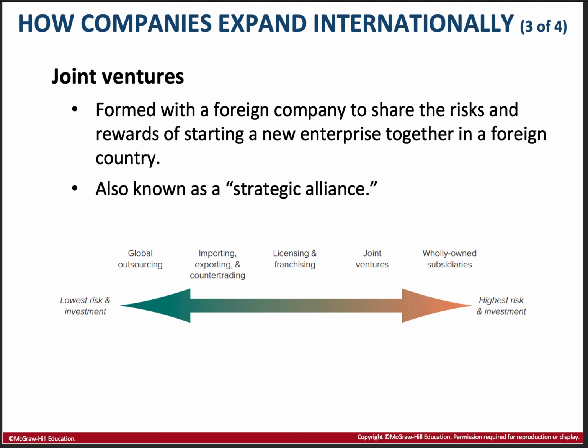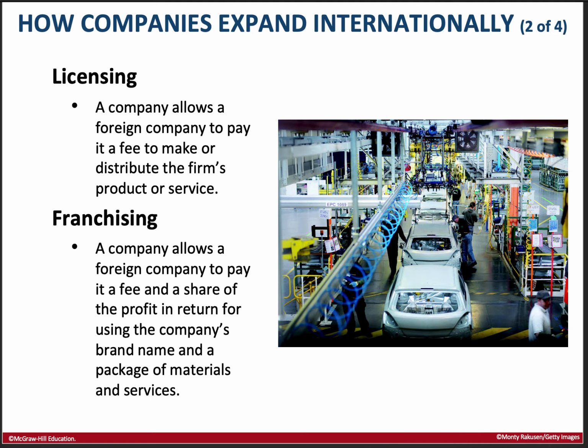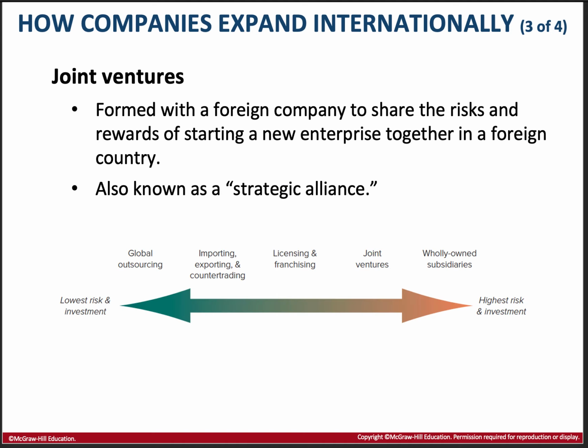So in case you're like, wait a minute, there's folks that do licensing deals here in the U.S. It's not with a foreign company. Yes, this is looking specifically at using the same type of mechanisms, but now putting them with a global spin. So making sure I'm crystal clear with that.